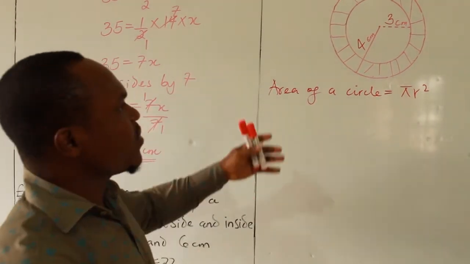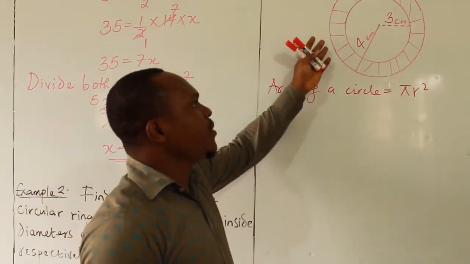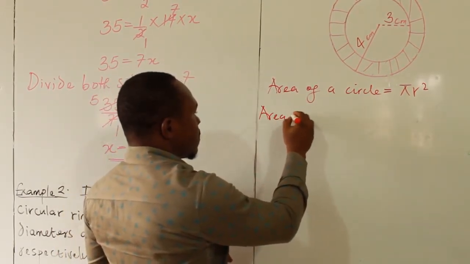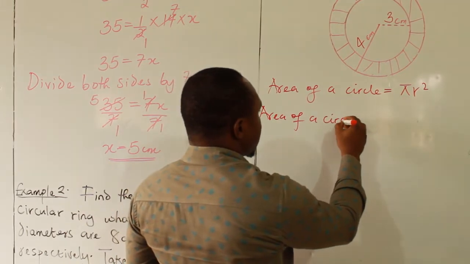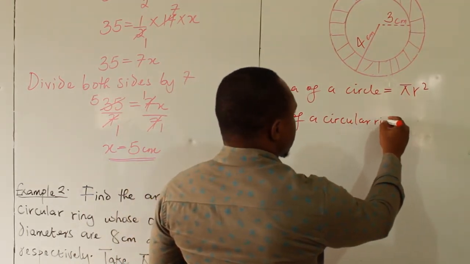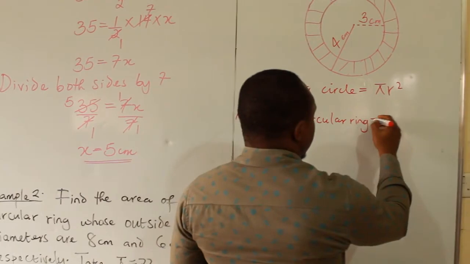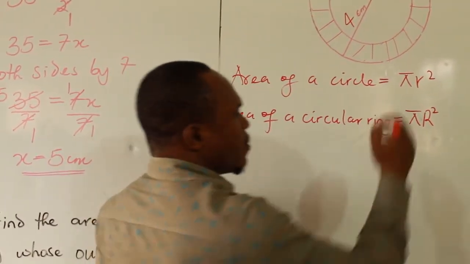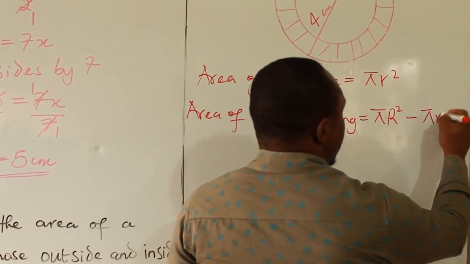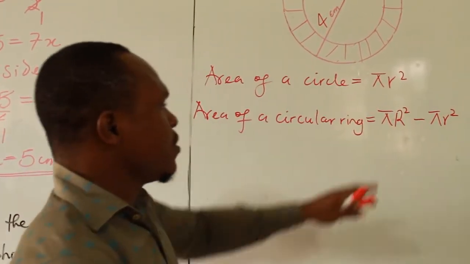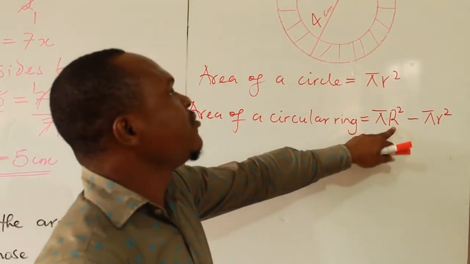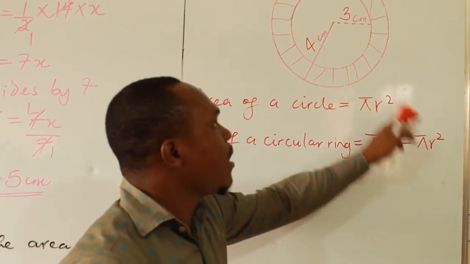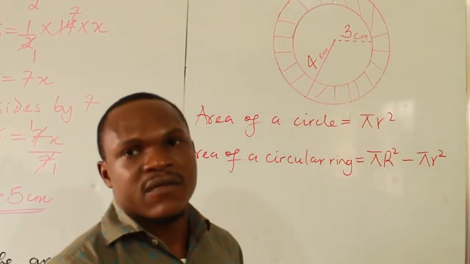So, since we have 2 circles here, a bigger one and a smaller one, then the area of a circular ring is the area of the bigger circle minus the area of the smaller circle, where we use big letter R to depict the radius of the bigger circle, while small letter r to depict the radius of the smaller circle.